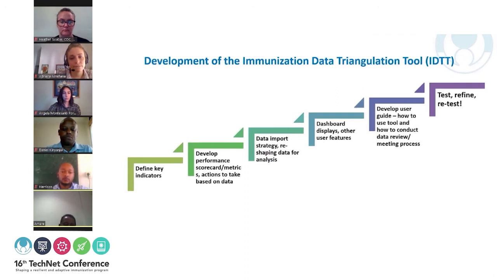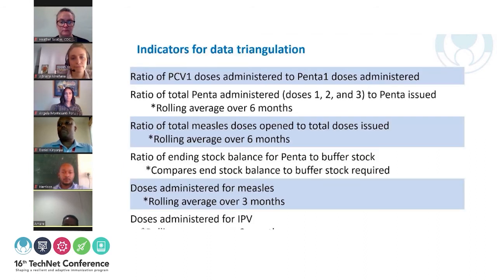So during this data triangulation tool development, we took a number of backend steps, starting from the identification and definition of key indicators up to testing, retesting, and refining of the tool, and then came up with a draft tool.